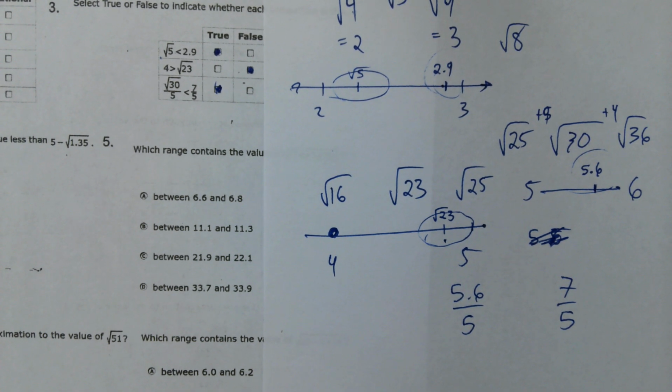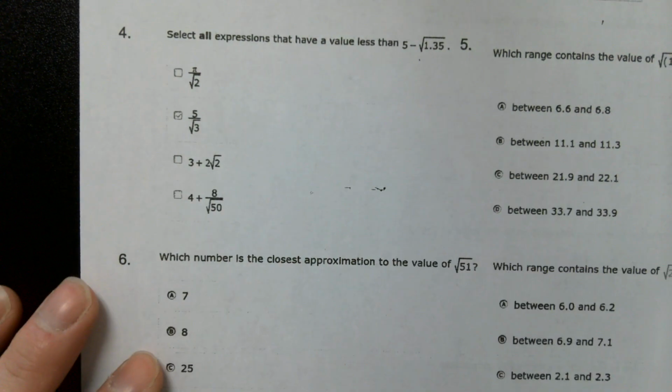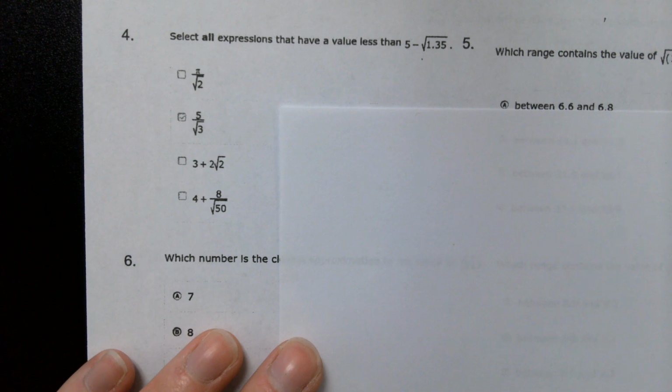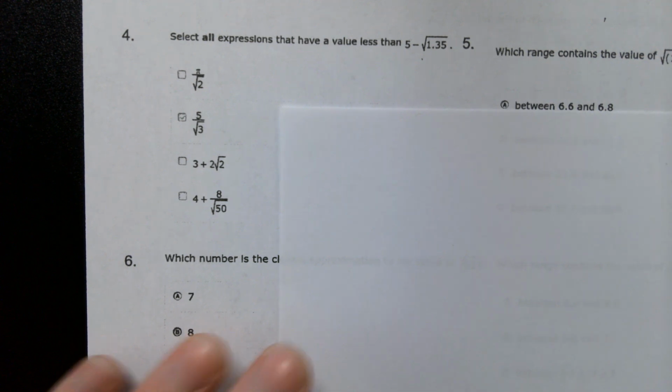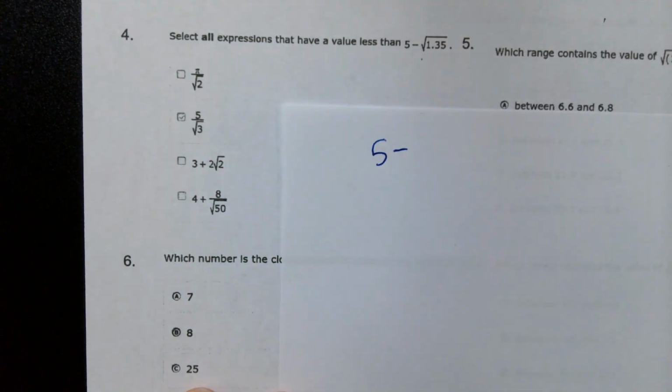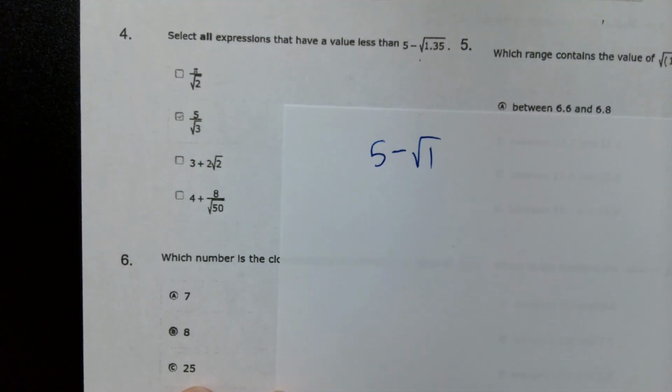Okay. Number 4 is gross, isn't it? Anybody figure out number 4? No? Maybe? Well, let's take a look at the square root of 1.35. What's the closest perfect square to 1.35? 1. Well, what's the square root of 1? 1.